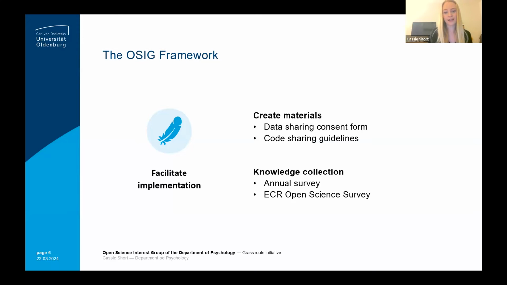And also we're putting together some code sharing guidelines. So this is like a practical guidance for how people can write reproducible code and share it. And again, the knowledge collection also feeds into this. So to facilitate the implementation, obviously we need to know what's still missing. So again, the knowledge collection helps here.